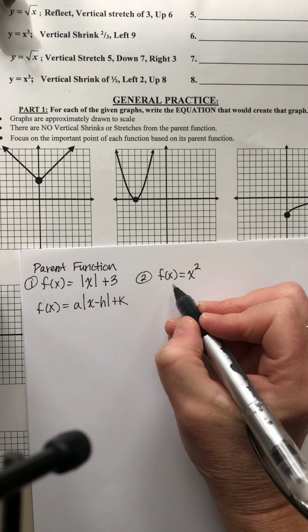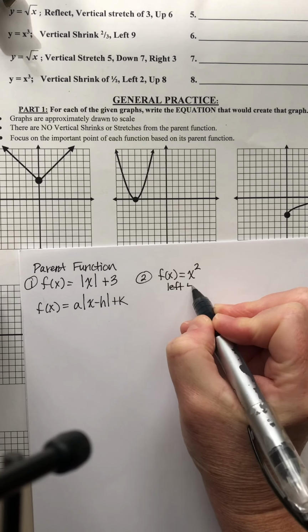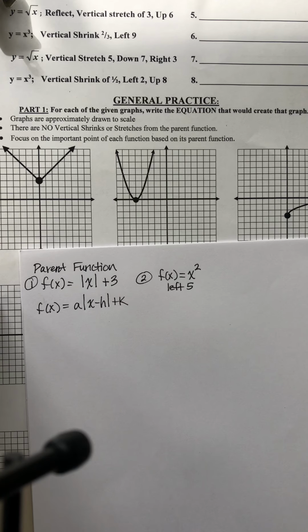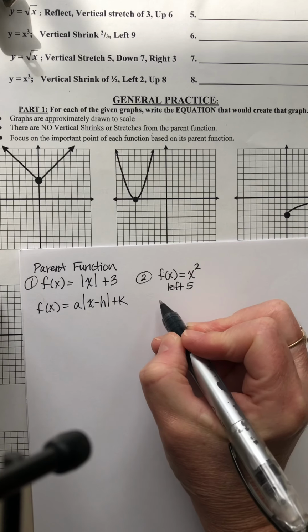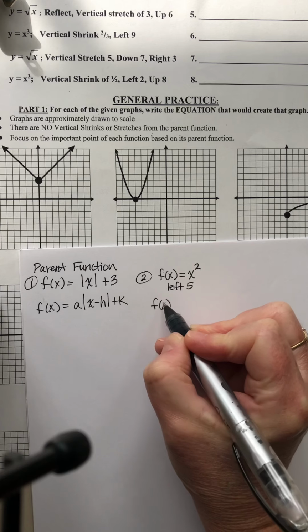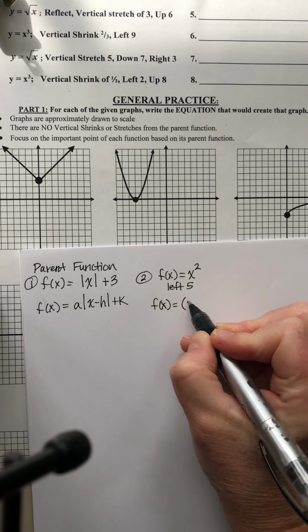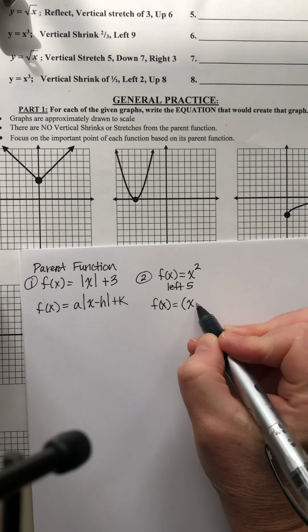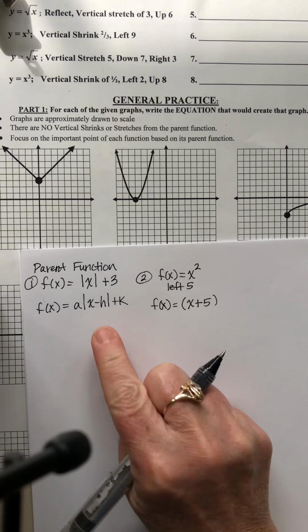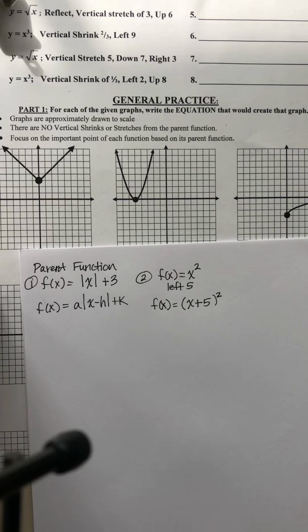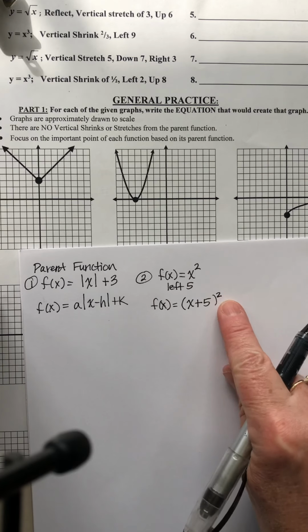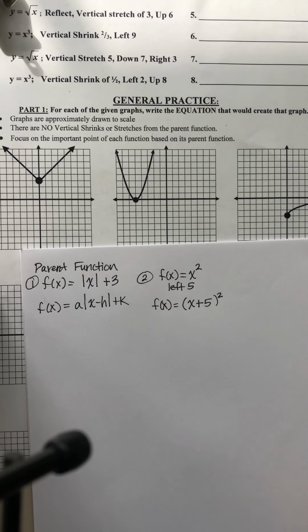But remember that if you move to the left, it's going to be written as a plus 5 because this is actually going to be included with x inside a set of parentheses. So what we're going to do is make parentheses and put x, and instead of minus 5, we're going to put plus 5. This is the h, so to speak. And then put that square on the end. It didn't move up or down at all, so there is no number to write on the outside there.